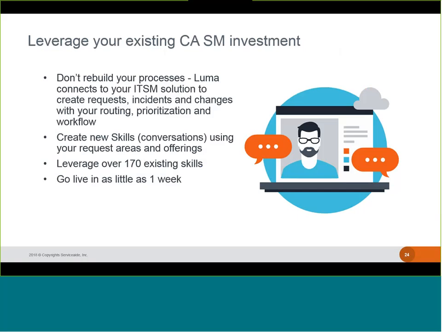So when we first started talking about making Luma available for organizations using CA's service management offerings, we focused on a few key aspects of what this integration might look like. We really wanted to ensure that it had to be easy to set up, had to require that no changes to your existing service management implementation were going to be necessary, because we know that that's something that can create a little bit of a challenge for getting people started.